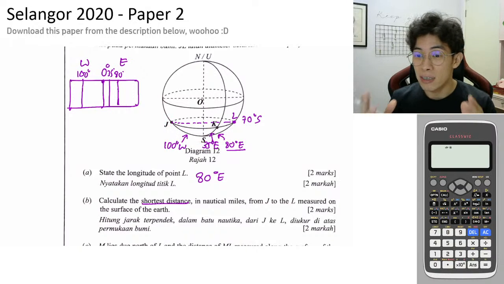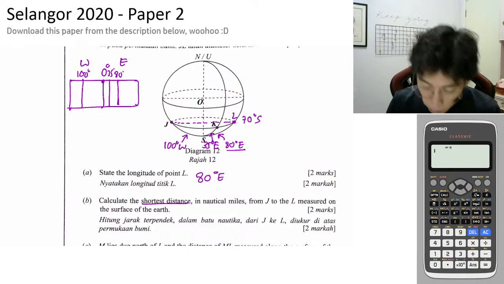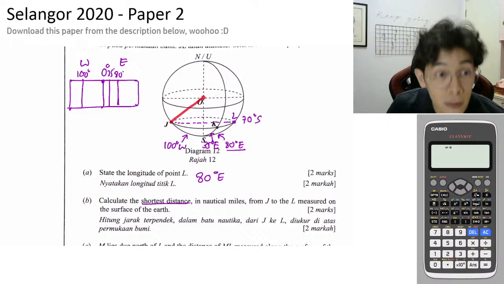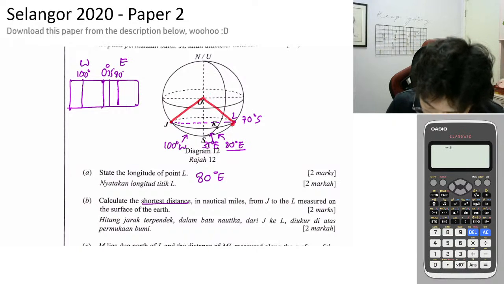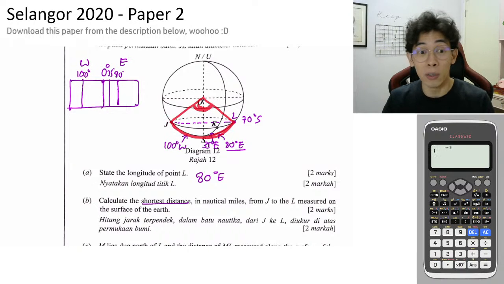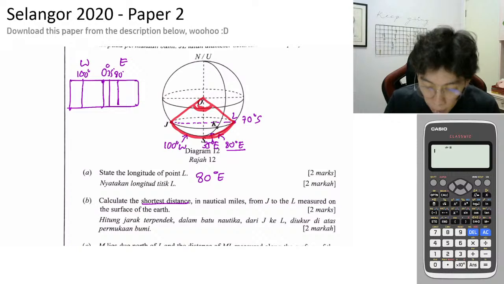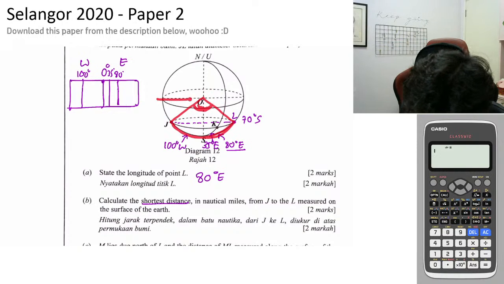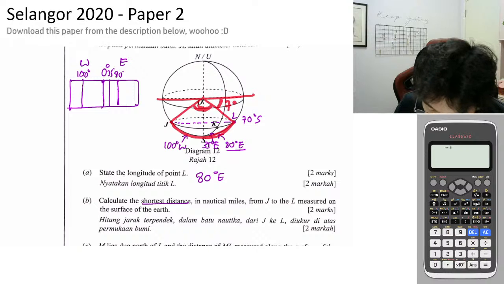So where is the angle? This is the angle. We want to get this angle here, that's the great circle, and this is the angle that we want to find. How do we find this? Very easy. We have our equator here where this shows 70 and this shows 70 as well.